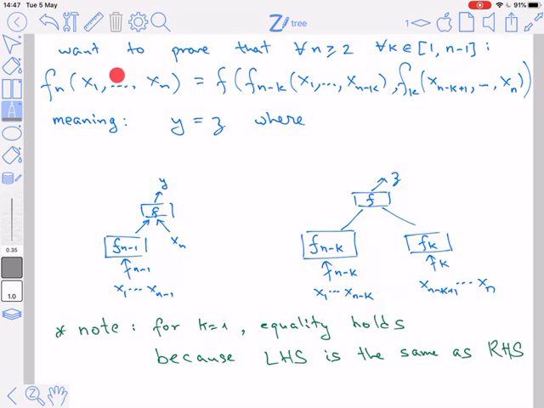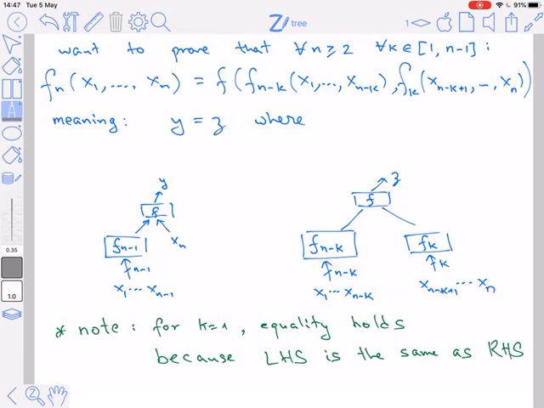This is the left-hand side. On the right-hand side, I apply f to two things. The first thing is the outcome of fn minus k. The second thing is the outcome of fk, where fn minus k is fed by n minus k bits, x1 up to xn minus k, and fk is fed by k bits, starting from xn minus k plus 1 until xn.